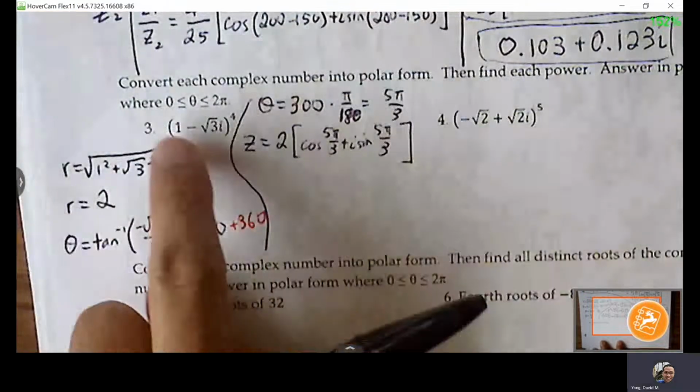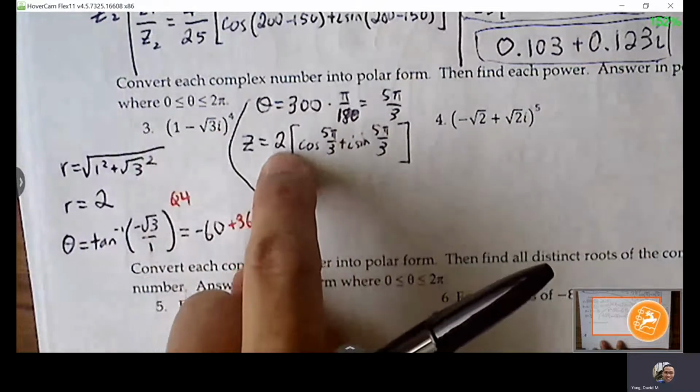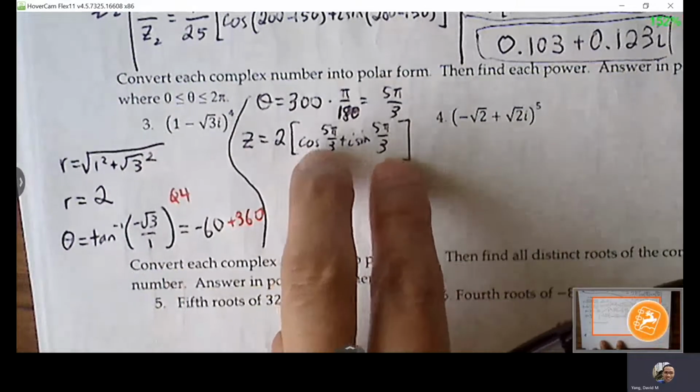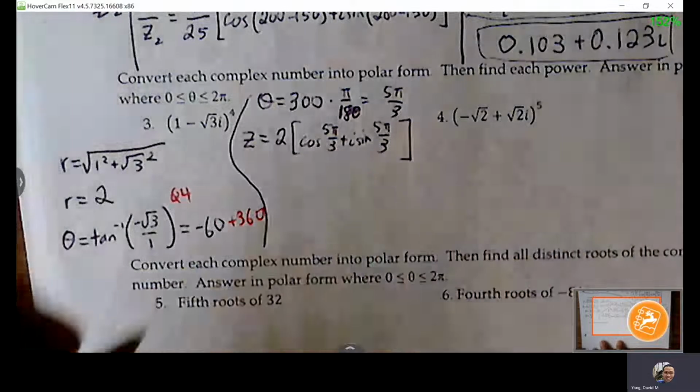Once you have it in polar form, then you can deal with the exponents. So you're going to raise 2 to the 4th power, but then you're going to multiply 4 inside your theta.